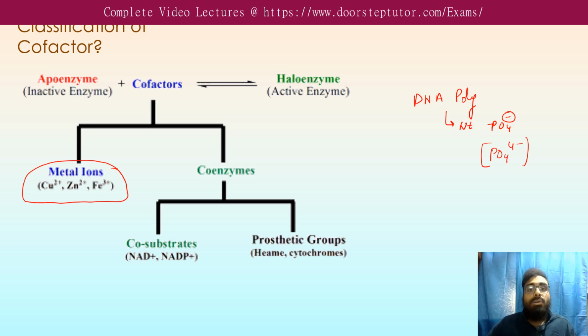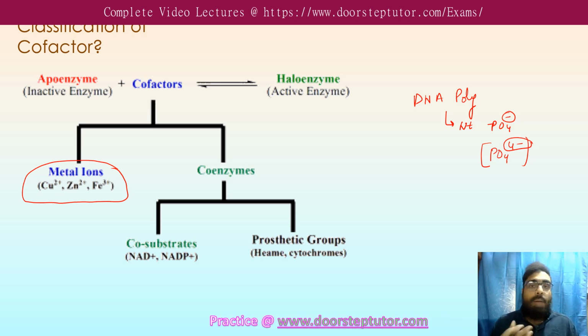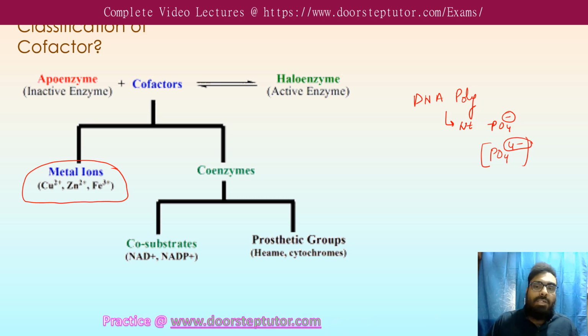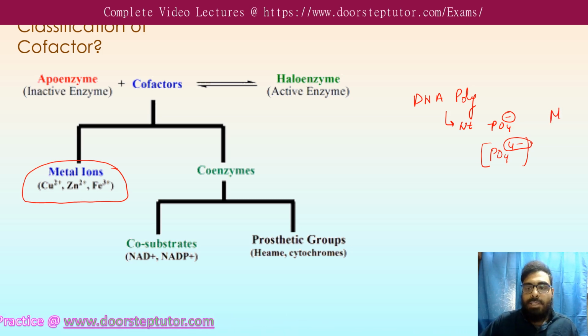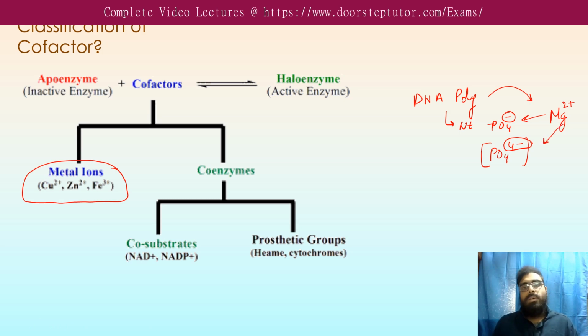These negative charges create a lot of repulsion, so the polymerization cannot happen effectively. In that case, there is an Mg2+ present in the active site of the DNA polymerase, and it stabilizes the negative charges on the phosphate groups so that the reaction can happen fast, with less repulsion between negative charges. This is how metal ions can help enzymes in doing this reaction.